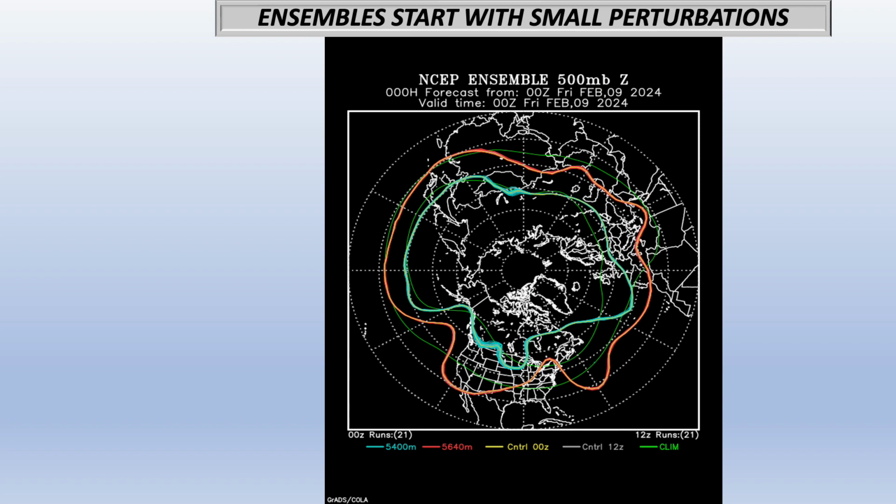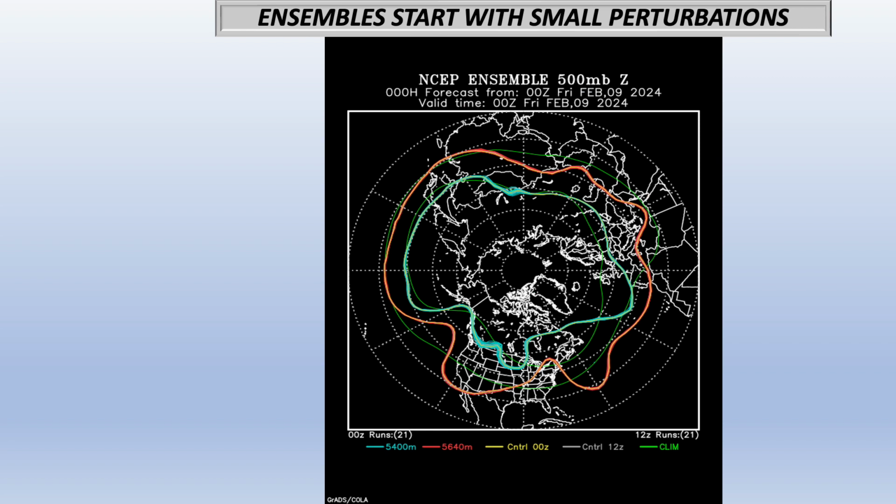And so the idea is that we cannot observe the atmosphere perfectly. We don't have enough observations to do that. So there's always inherent error in any analysis on which a model forecast is based. And sometimes the atmosphere is very, very sensitive to those very, very small errors.